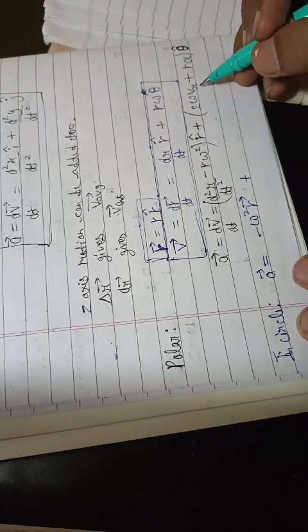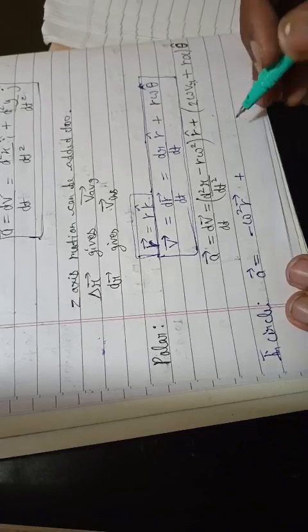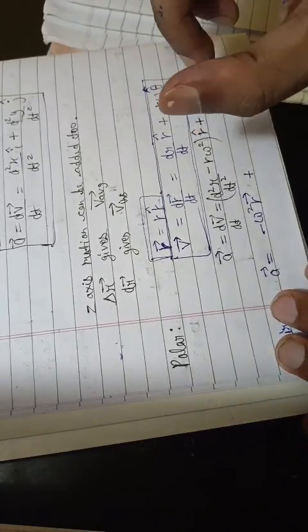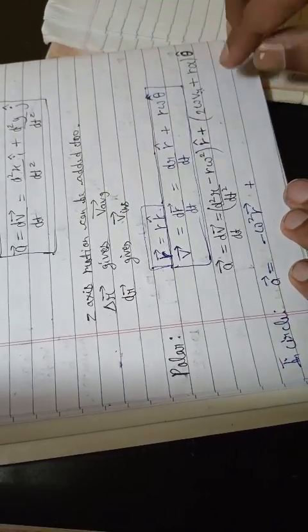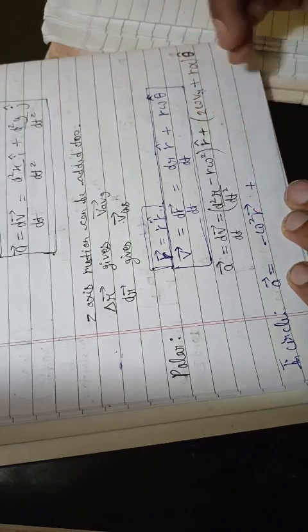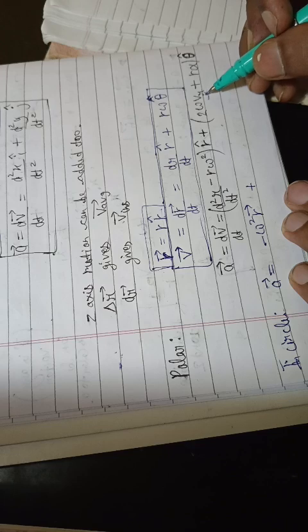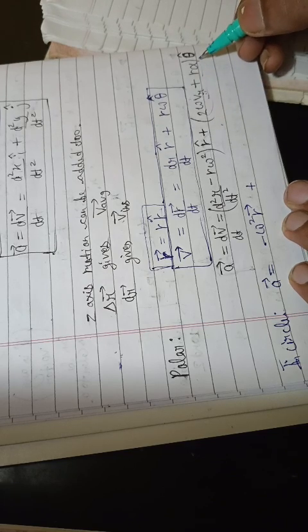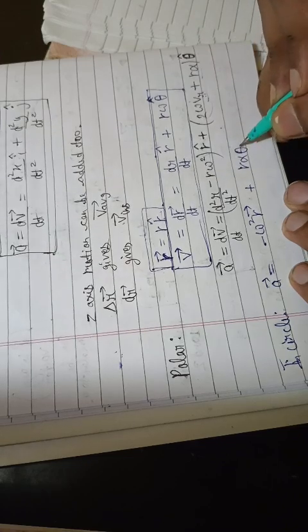since this is v radial, meaning the rate at which the radius changes, or the distance between the origin and the particle changes. Since radius is constant, radial velocity will be 0. So this term becomes 0, and this becomes r alpha theta cap.